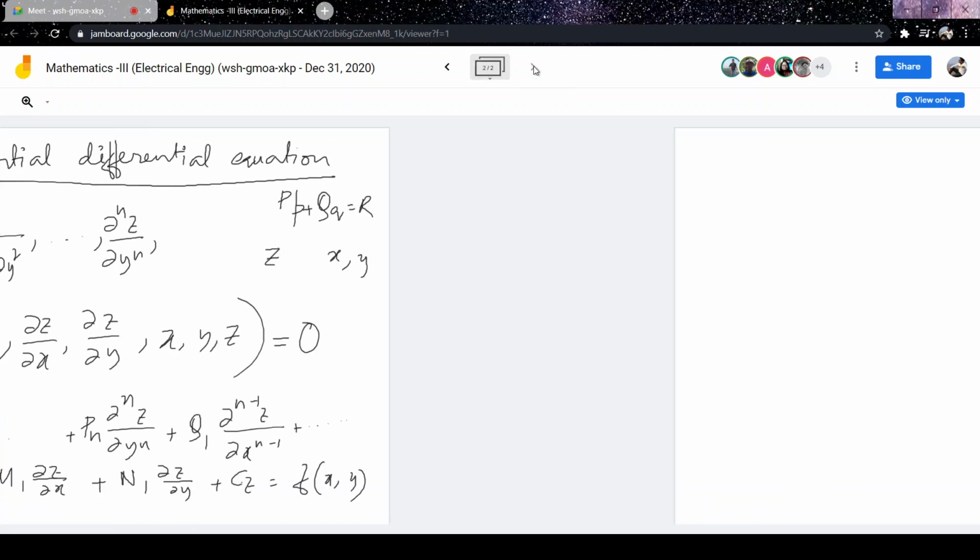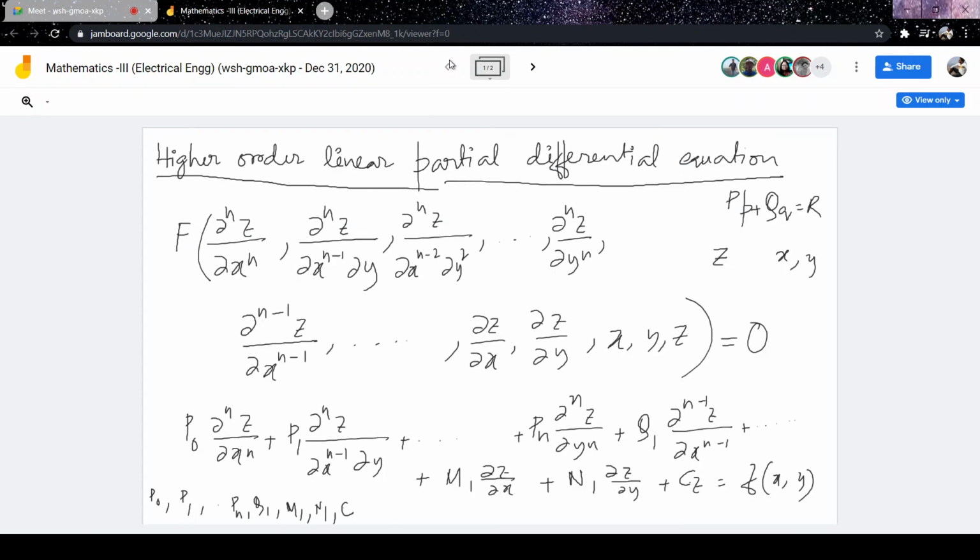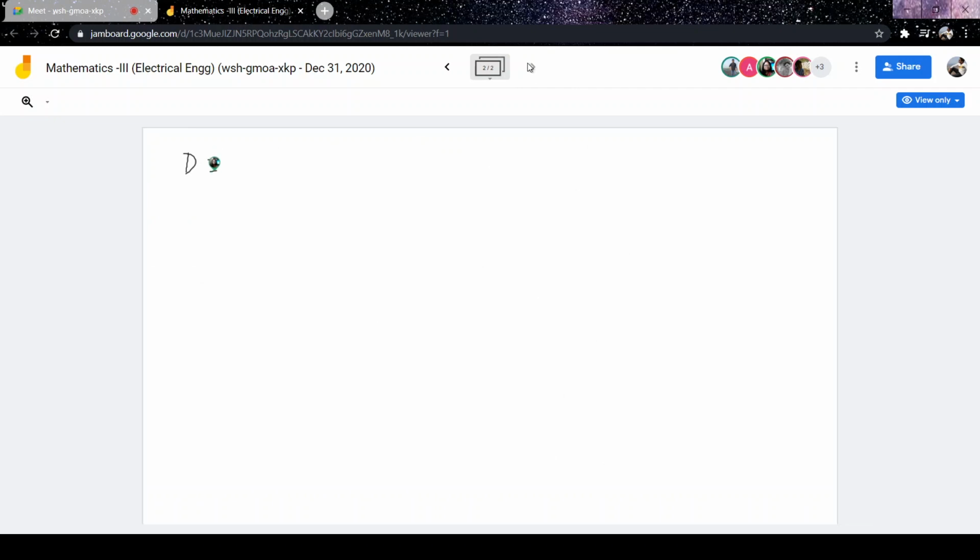And we will use the notation, you remember we have written this d as d/dx. Here this will be represented by D, that is del x, and this will be represented by D dash, that is del y.